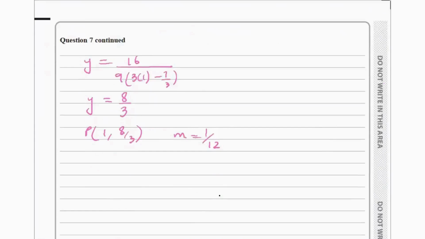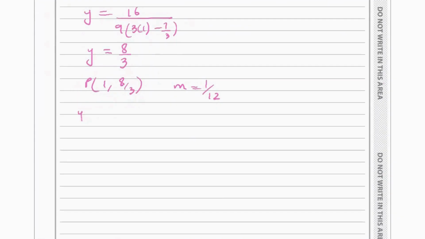Now let's use this to find the equation. y minus 8 over 3 equals 1 over 12 times (x minus 1). So (3y minus 8) over 3 equals (x minus 1) over 12. Cross multiply, so 12 divided by 3 is 4.